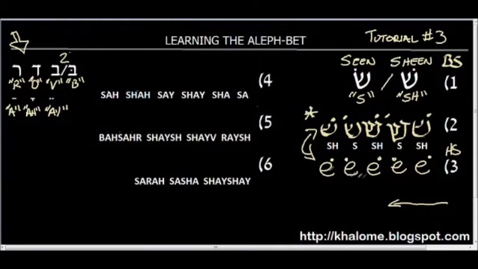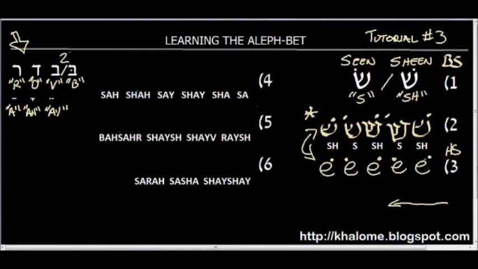You're really not going to see the sheen written in the handwriting script unless you're looking at someone in modern Israel writing a letter or something over there. Okay, so like I said, it'll take a little bit of time to memorize the handwriting script and the block script. Alright, so in fact, let me just get rid of that.